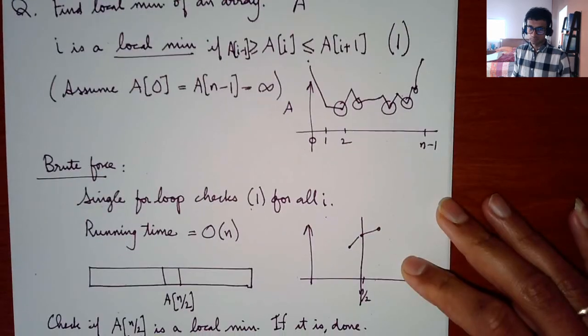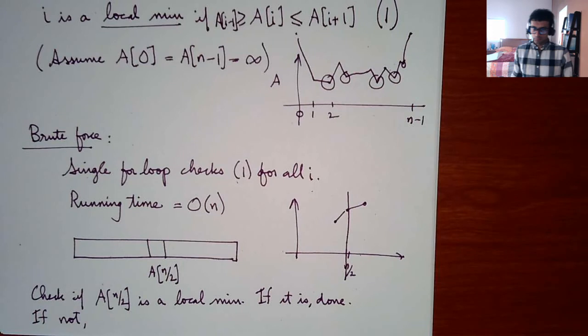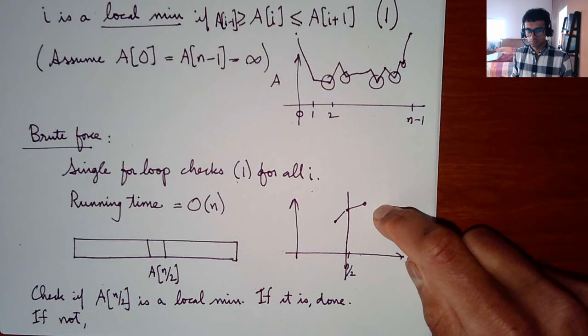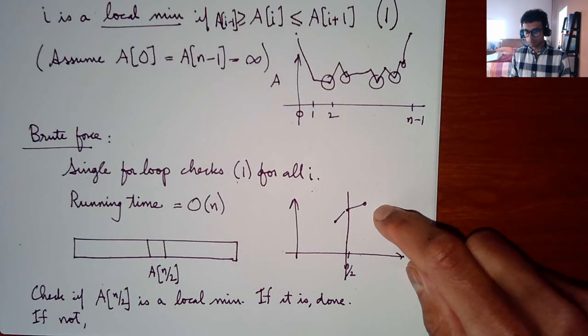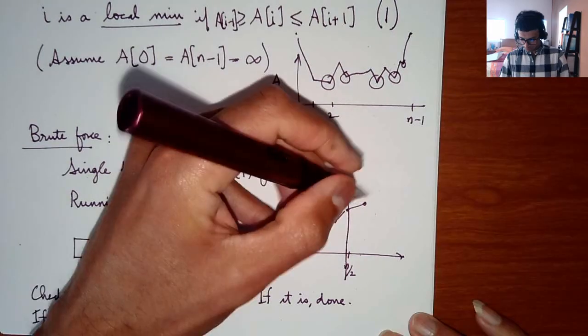Right. You could take a shortcut in which, since the one to the right of n over 2 is not a local minimum for sure, we can skip that one. Okay, you can skip that one, but what if this was actually going up?